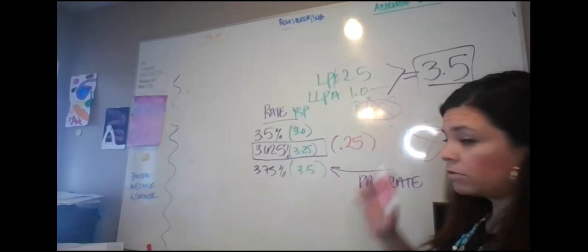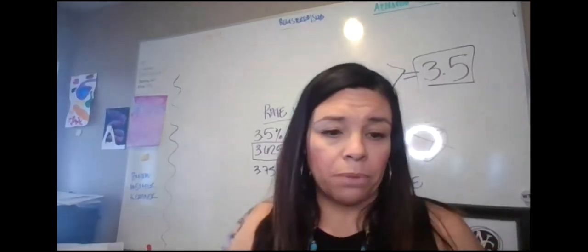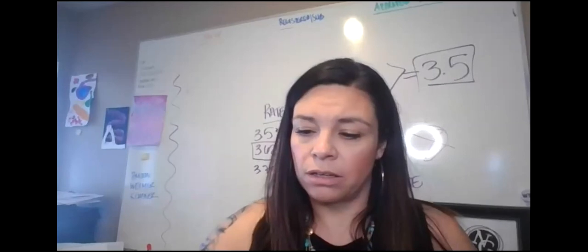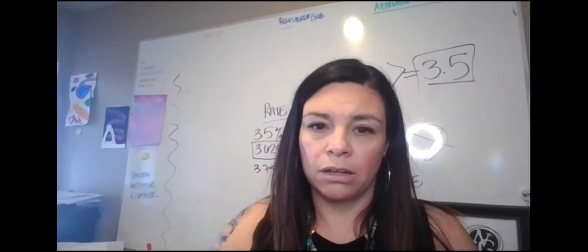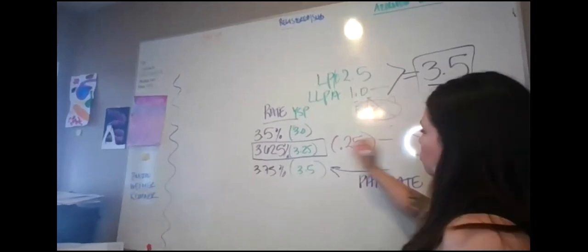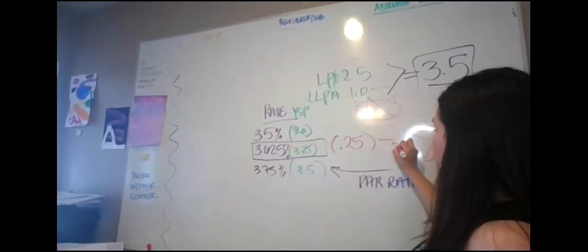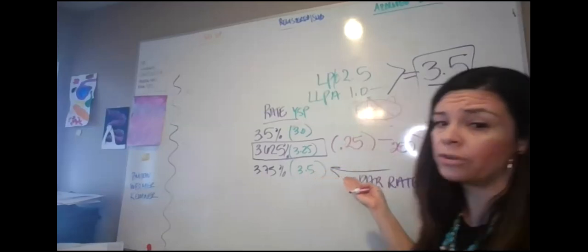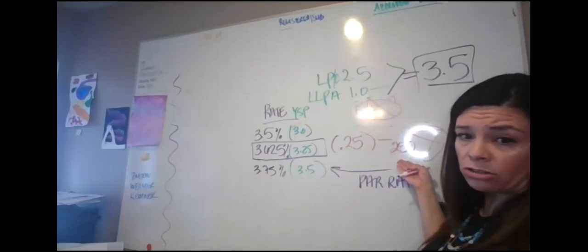So in our example, for every $100,000 of loan amount, in order to have this rate is going to be $250. So if you're doing a $400,000 loan, that's going to cost $1,000.